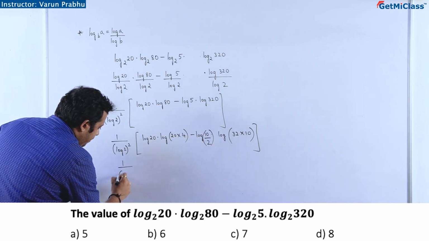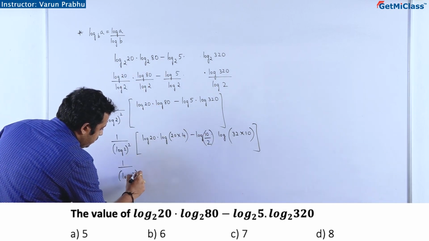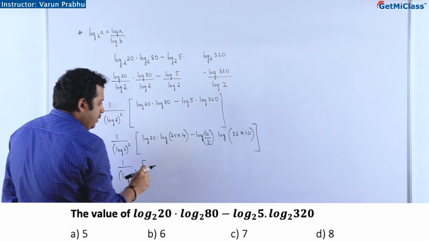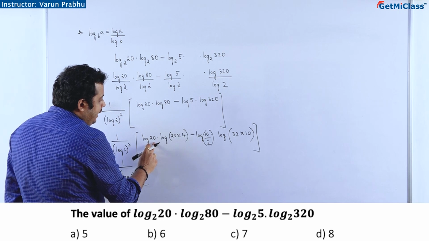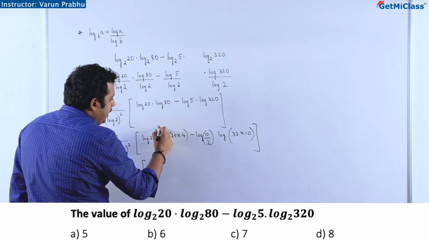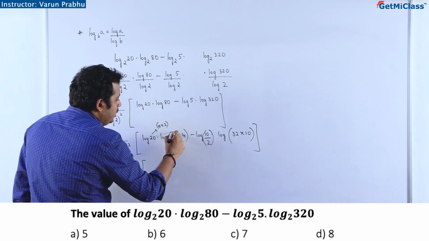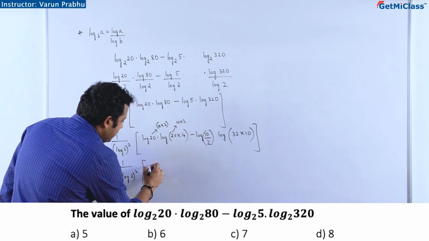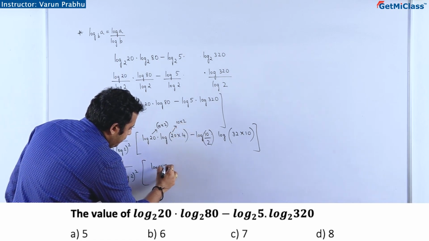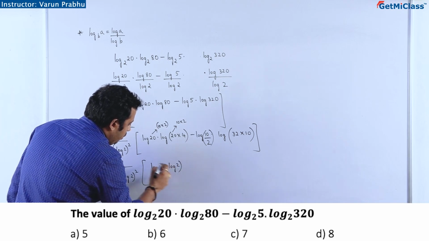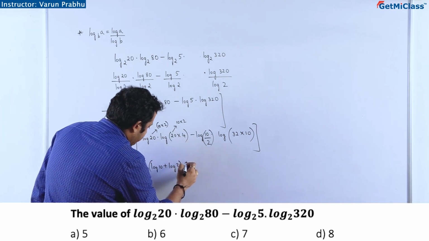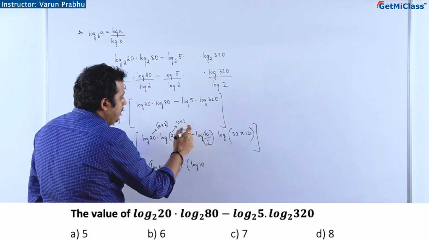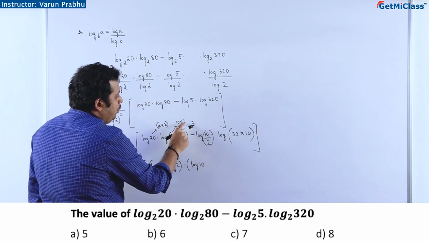So 1 divided by log 2 the whole square times. Now again this log 20 can be broken as 10 into 2, right? So we can write this as log 10 plus log 2 into log 10. 4 can be written as 2 square into 2 cube.